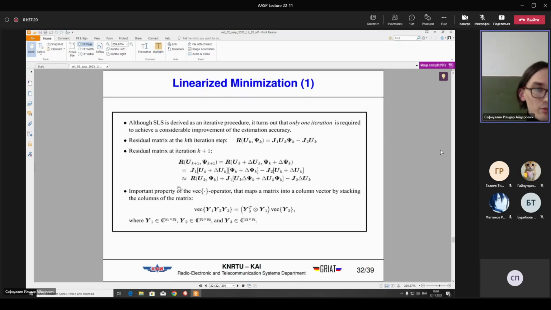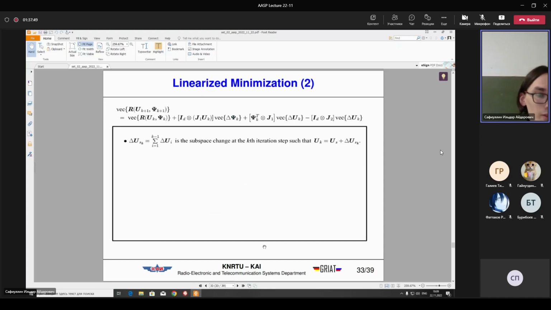Then we use a property of the Kronecker multiplication, that the vectorization of y1 times y2 times y3 is equal to the Kronecker product of y3 transposed with y1 times the vectorization of matrix y2.